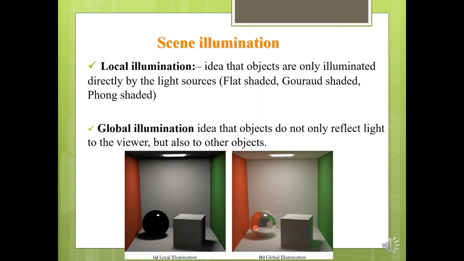Here you can see the ball reflects the red wall as well, and it is also taking reflected light from the top of this wall, from this green wall, and also from this box. So this is the concept of scene illumination, local illumination versus global illumination.